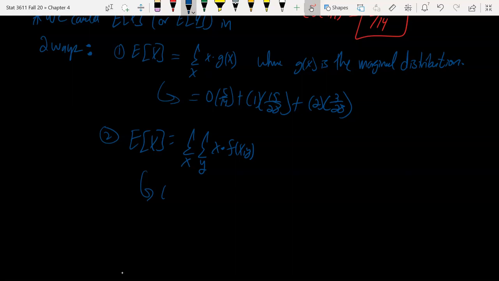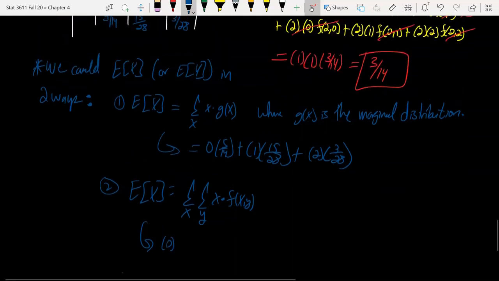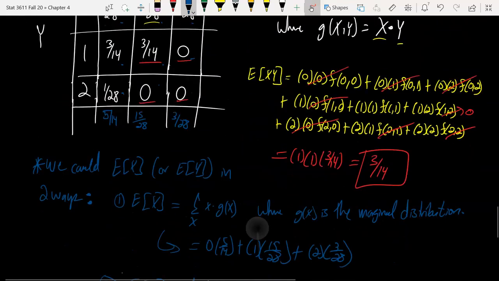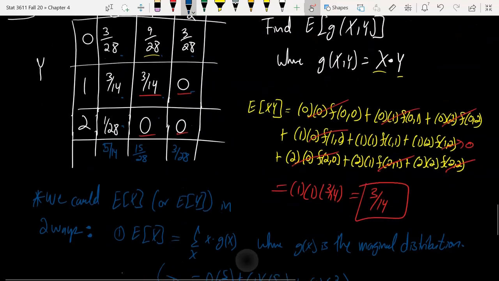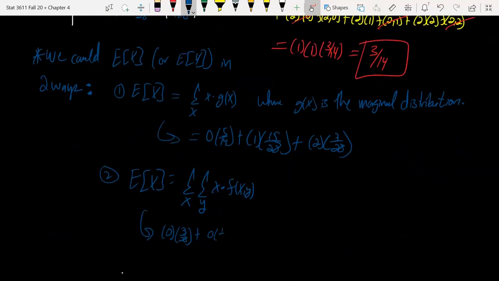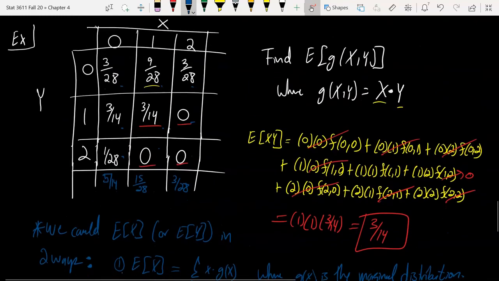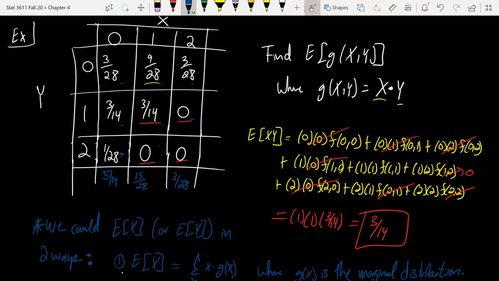So I'm going to say it's 0 times 3/28 plus 0 times 1/14 plus 0 times 1/28.